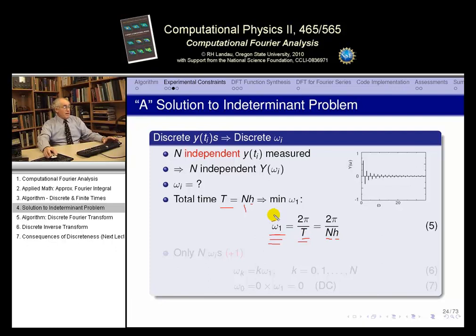So the fundamental frequency, if you want, omega sub I, thinking of harmonic series and normal modes, which is nice to think of. The fundamental frequency in the data corresponds to 2 pi divided by the number of data points on the interval, divided by the time. That's what comes out of the reasoning. Okay? So we only can get capital N values of frequencies, which means capital N values of the transform.